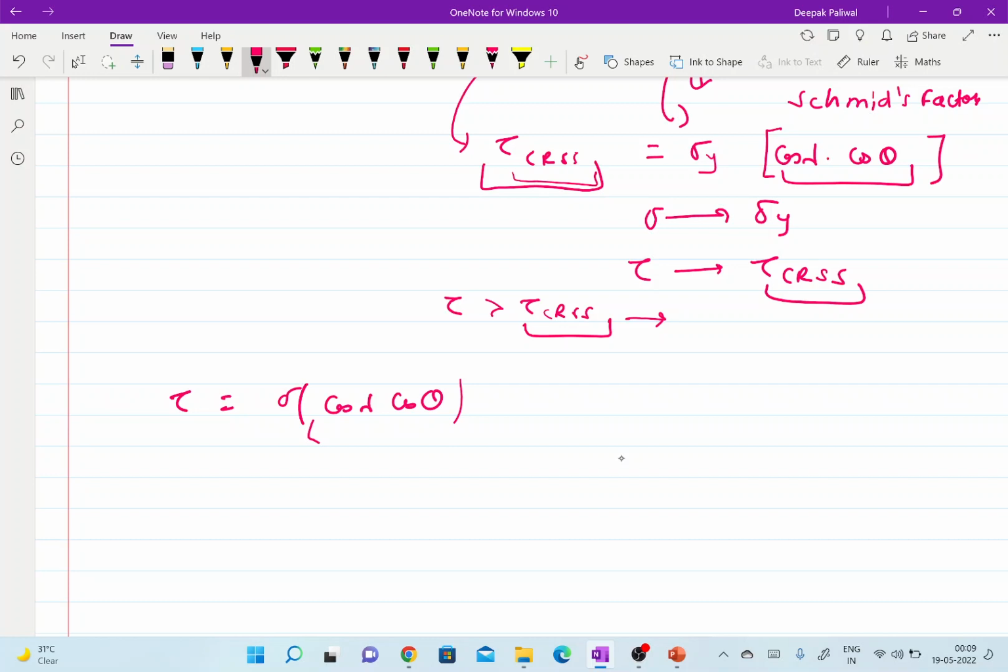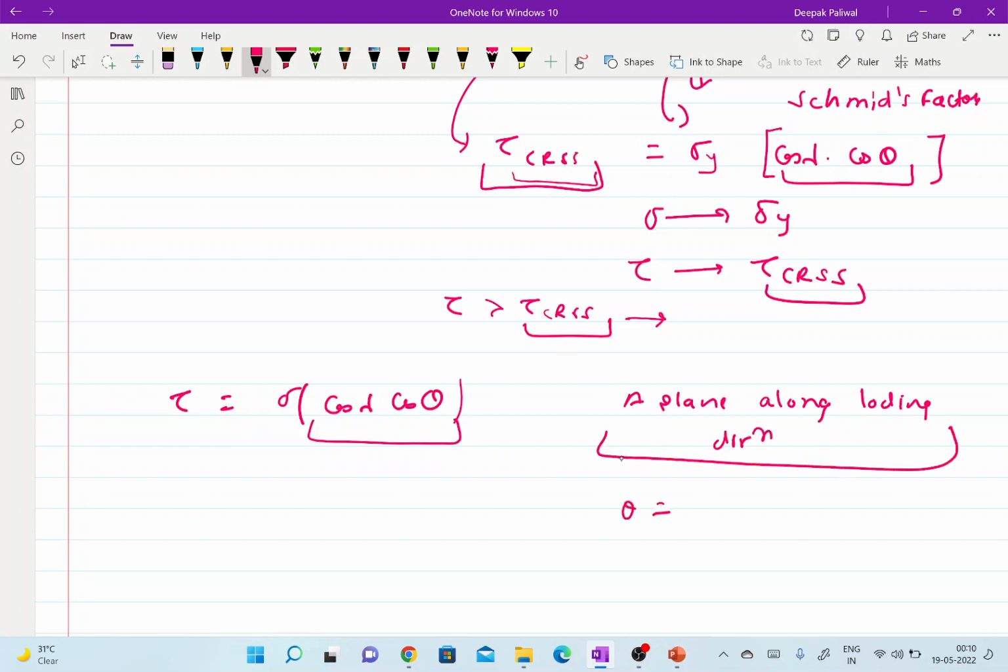For a particular case, let me have a plane which is along the loading direction. If I am saying this, that means theta is equal to 90 degrees, the plane normal making an angle of 90 degrees with the loading direction.